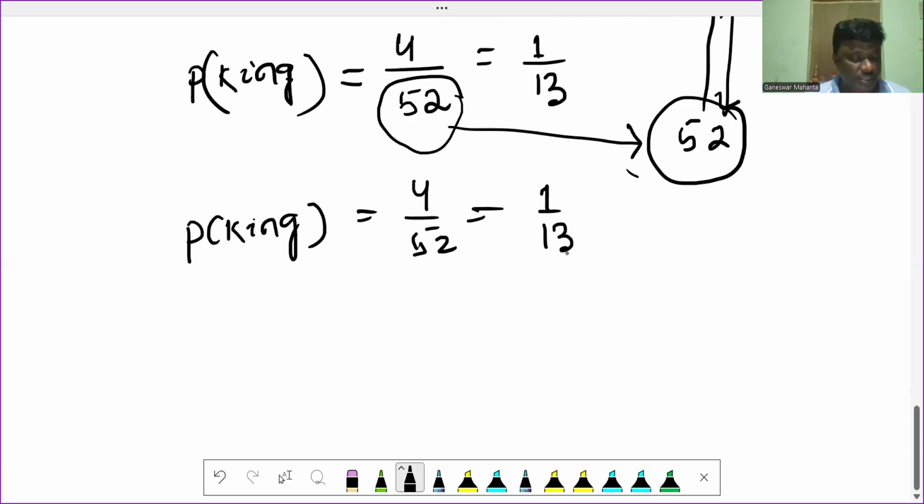The question is, the two events being independent, the probability of drawing both cards successively.